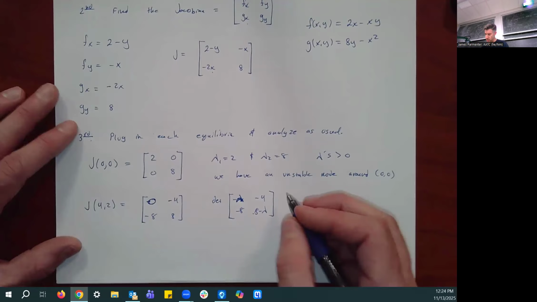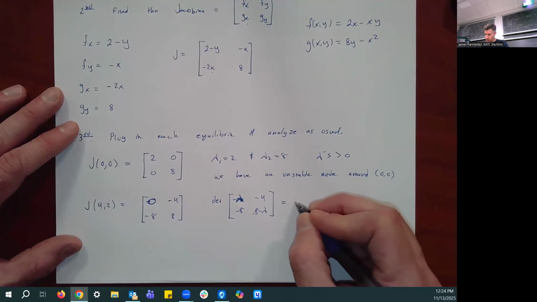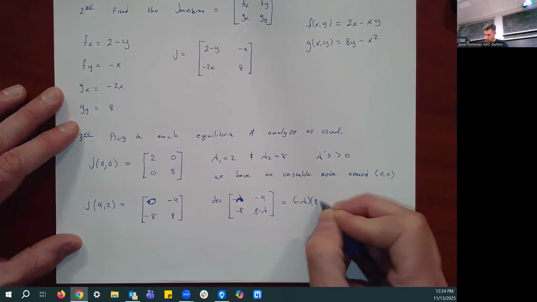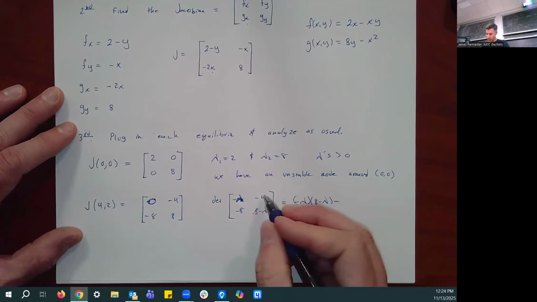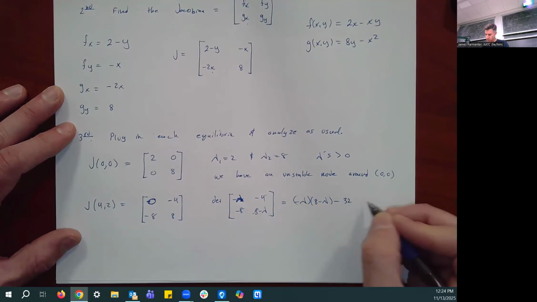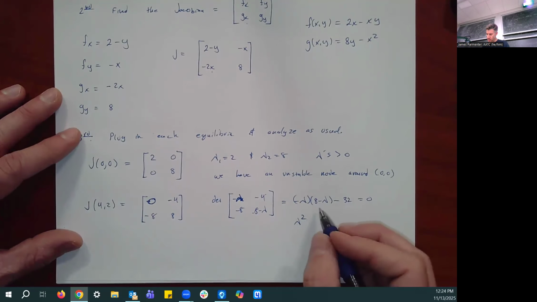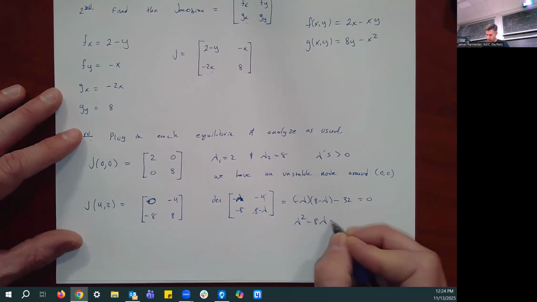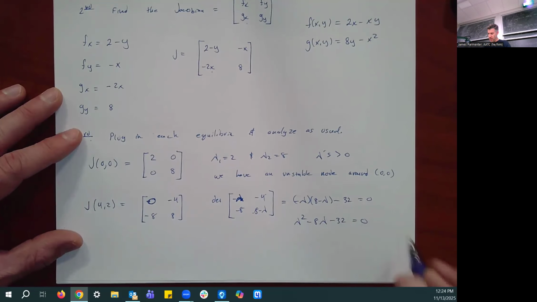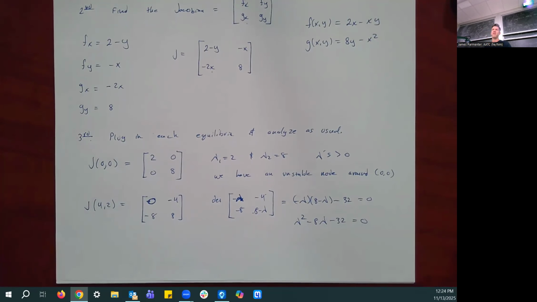So let's see what happens. It's going to be negative lambda times 8 minus lambda minus negative 4 times negative 8, which is 32. Set that equal to 0. Multiplying this out, you get lambda squared minus 8 lambda minus 32. And I can't think of any numbers that multiply to negative 32 and add to negative 8.